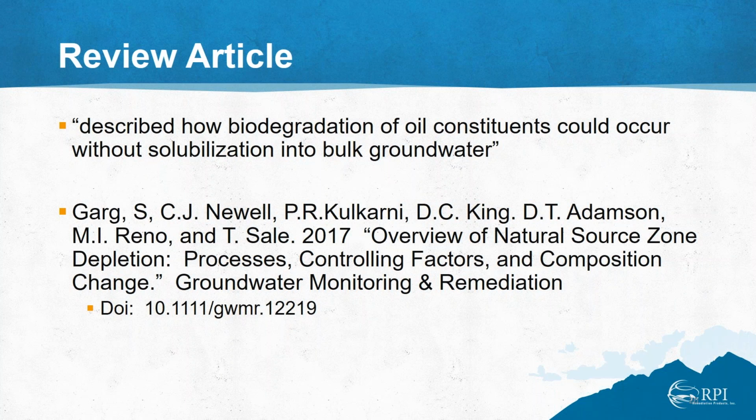Here's a question. Most natural source zone depletion works through a fermentation of hydrocarbons to methane and carbon dioxide. You don't need an electron acceptor for the fermentation reaction to occur. I'm not a microbiologist, but I believe that's a true statement. The issue really is not whether or not natural source zone depletion is occurring.